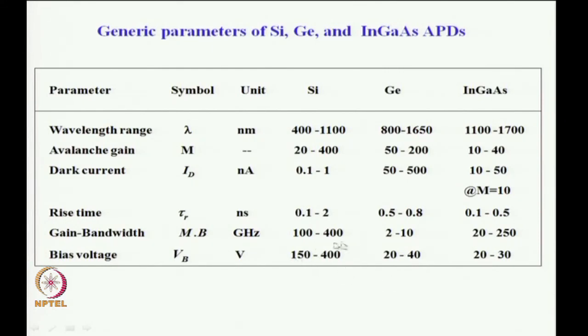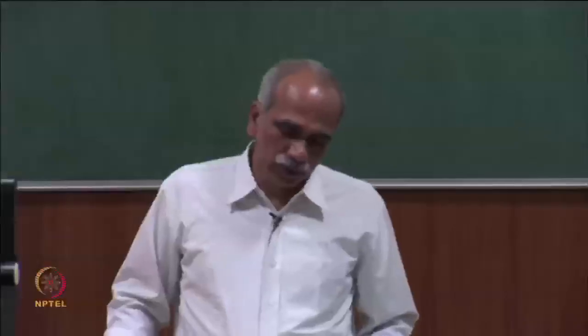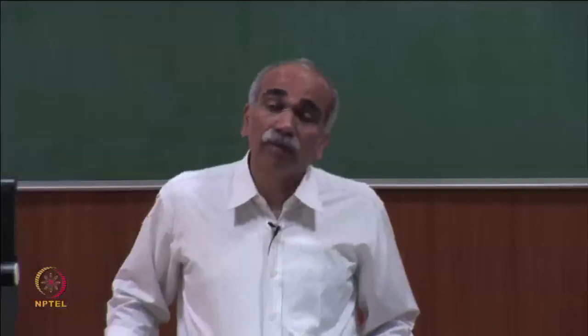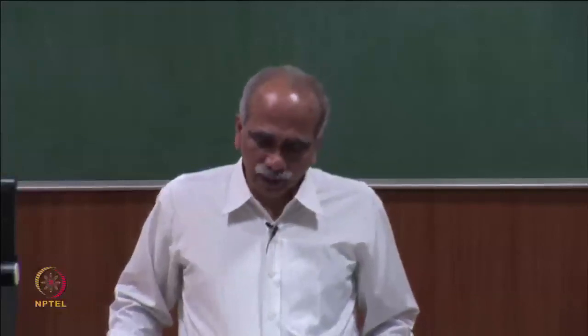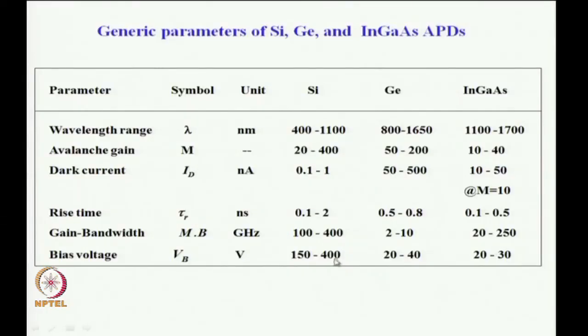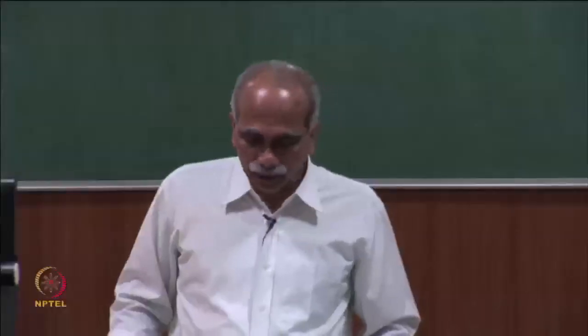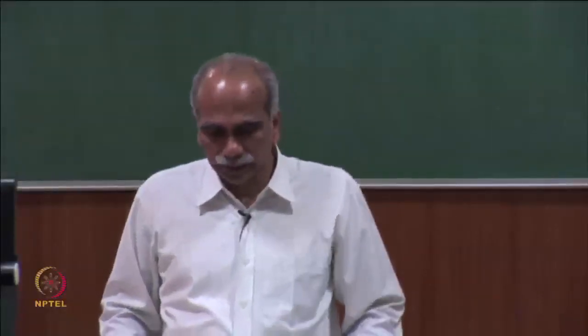Silicon, for example, can withstand much higher reverse biases, and that is why we have typical operating voltages of about 250 for silicon, but relatively lower operating voltages for germanium and indium gallium arsenide. We know that they have a much smaller band gap, and therefore you cannot apply very large reverse bias that could lead to breakdown of the device.